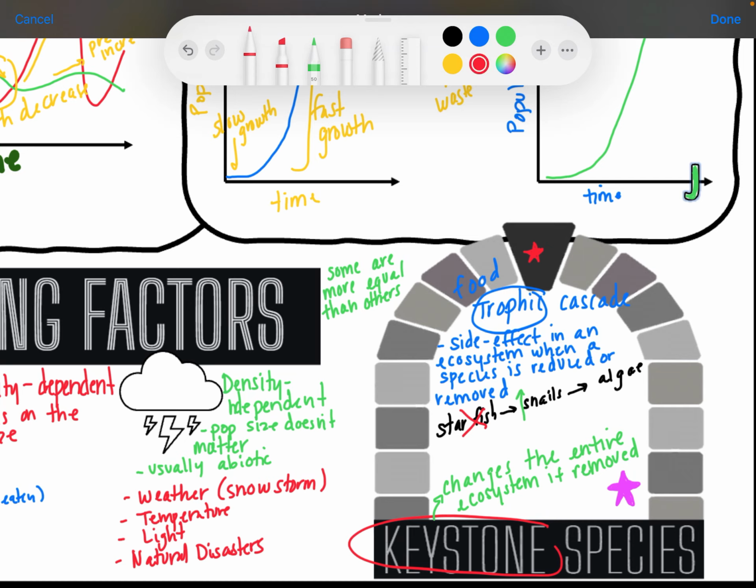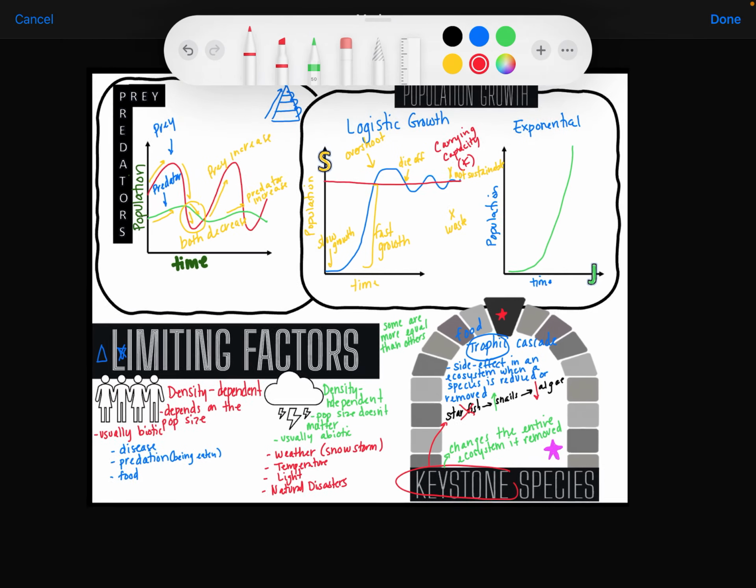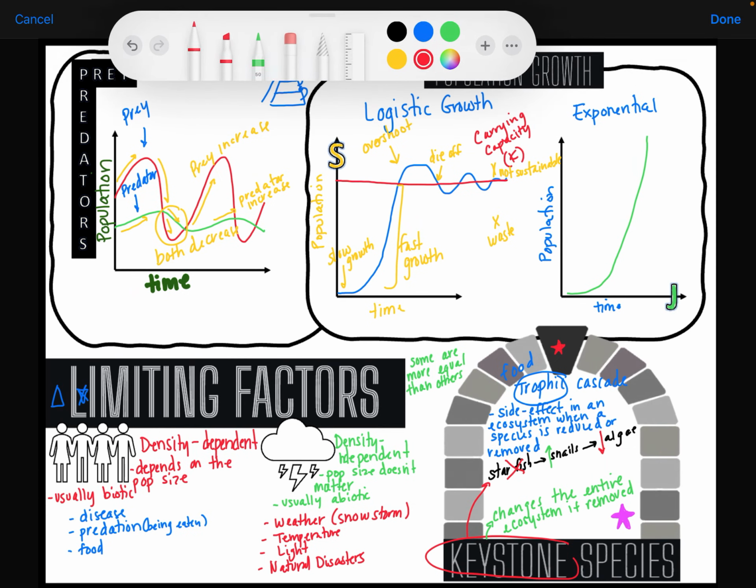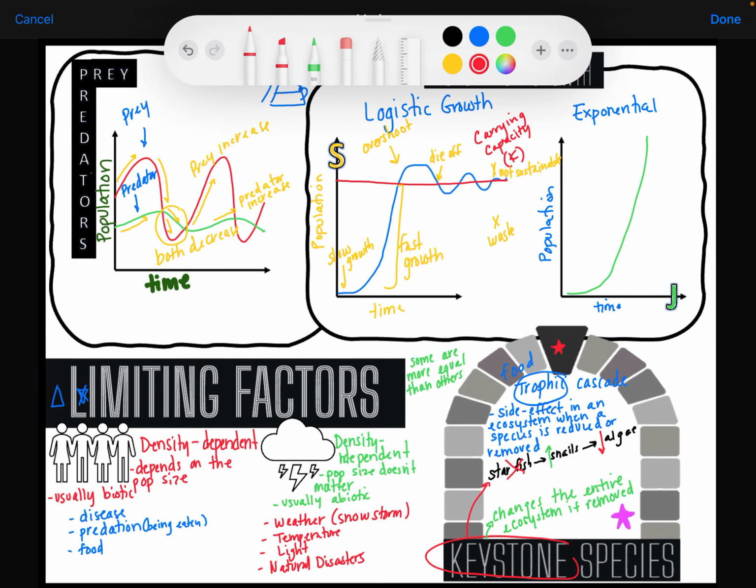As a result, my algae population goes down, and all the things that depend on the algae go totally haywire, and eventually the entire ecosystem can collapse. So this is the keystone species, causes huge downstream changes. So that is a summary of the things we've learned about so far for population growth.